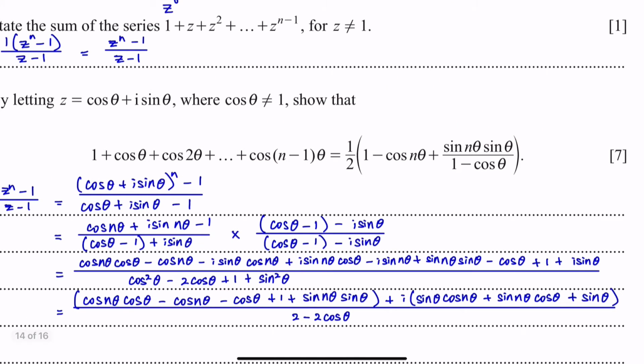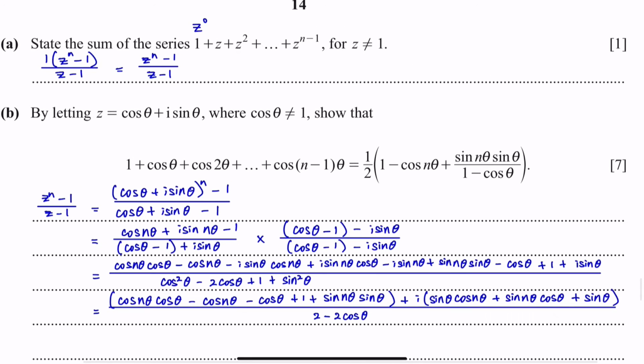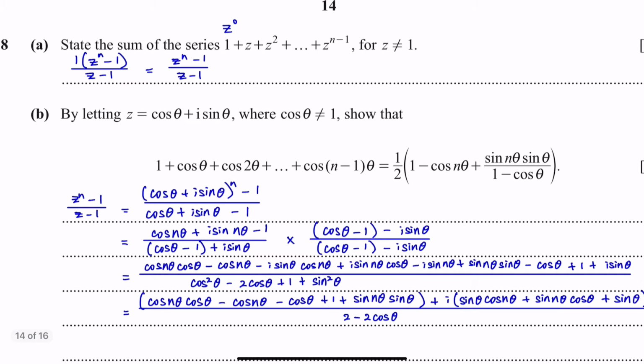So, how do we know that? See, z^n is actually (cos theta plus i sine theta) to the power of n, and is equal to cos n theta plus i sine n theta.